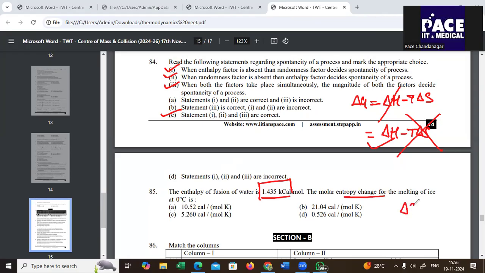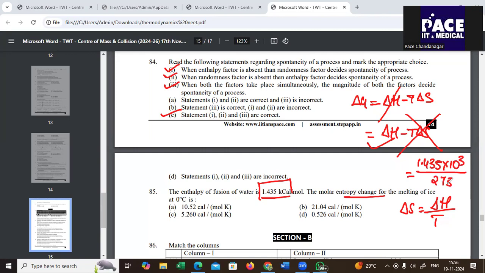So delta S is equal to delta H by T, or Q by T. Q is nothing but the heat content in the system. That would be delta H by T, and delta H is given to you as the enthalpy of fusion of water. The heat content there is 1.435 kilocalories, so put in 10 power 3, divided by 0 degrees, and 0 degrees is 273 Kelvin.